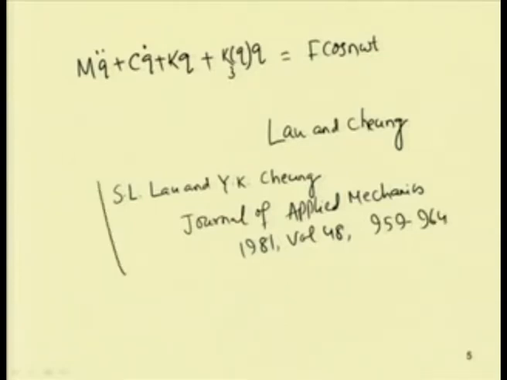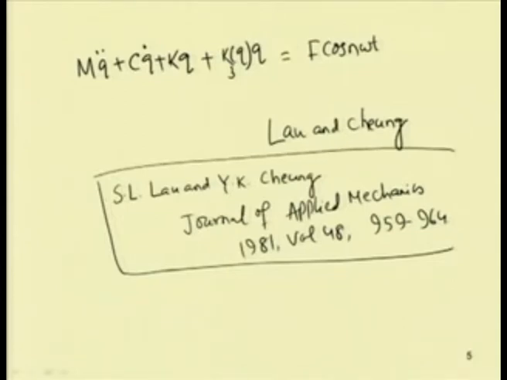According to the incremental harmonic balance method, this is a two step method. In the first step we use an increment of the variables, and then in the second step we use the Galerkin method to find a set of algebraic equations, which we can solve using the Newton-Raphson method or any iterative method.